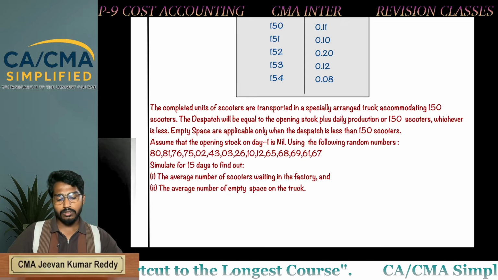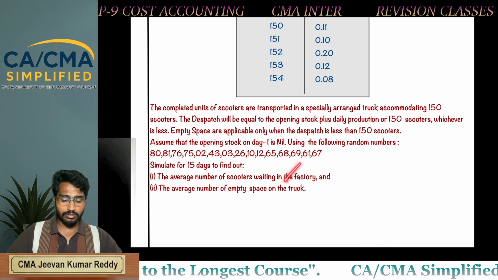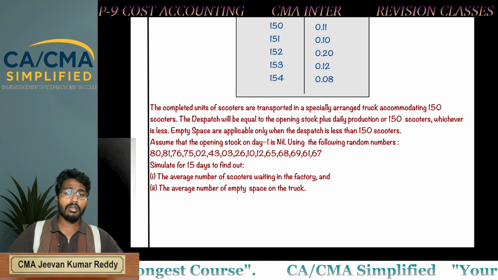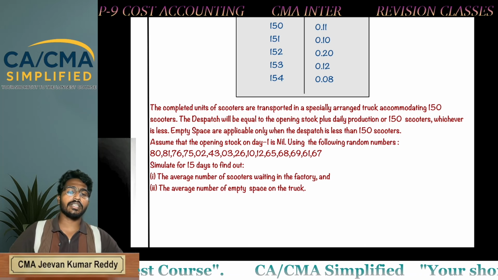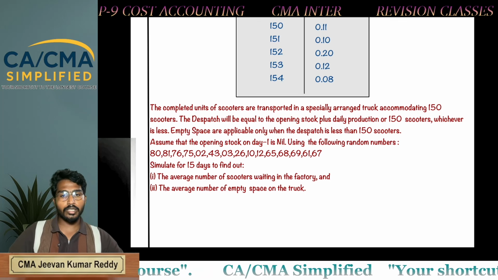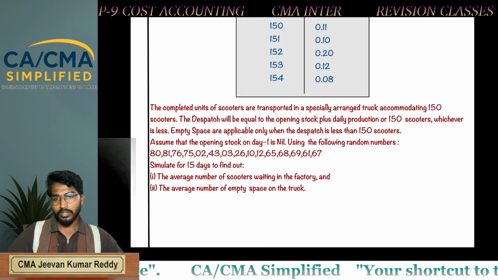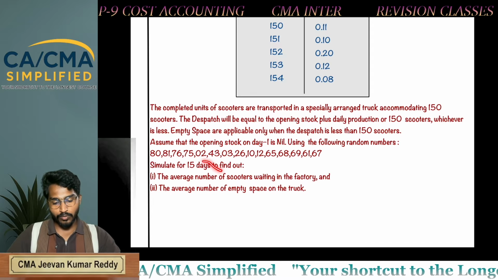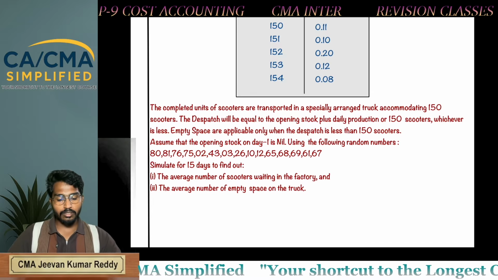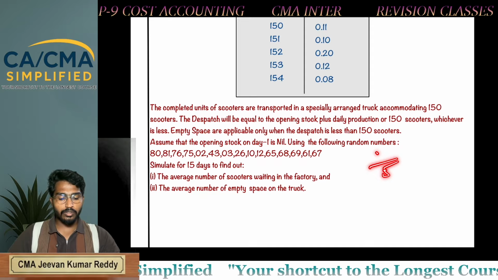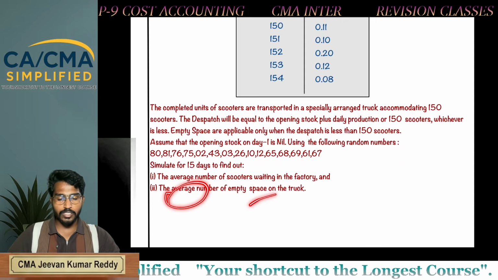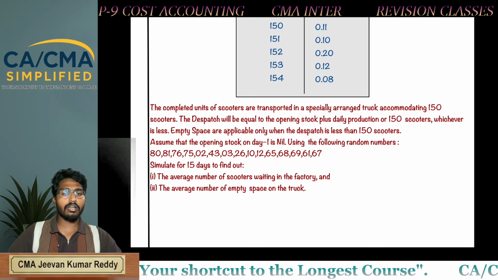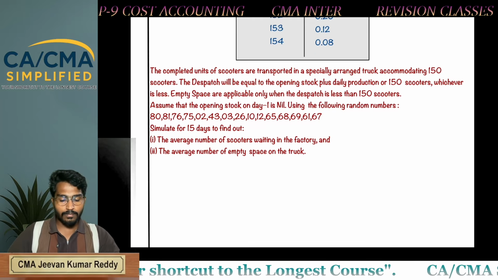First, the average number of scooters waiting at the factory: calculate the number of scooters waiting over the 15 days, then divide the total by 15 to get the average. Next, the average number of empty spaces in the truck.